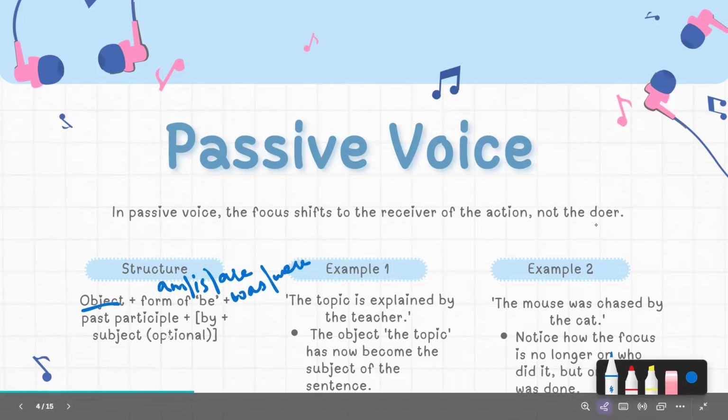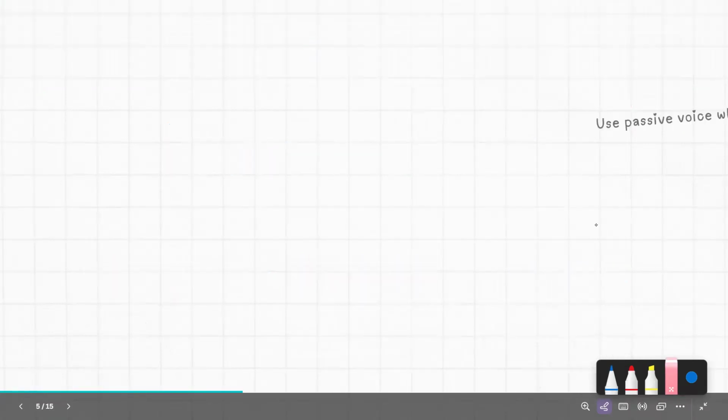Then you have a past participle joined with by, a prepositional word, and next you have a subject, which is actually optional. Remember that the by and subject is optional, it's not mandatory.